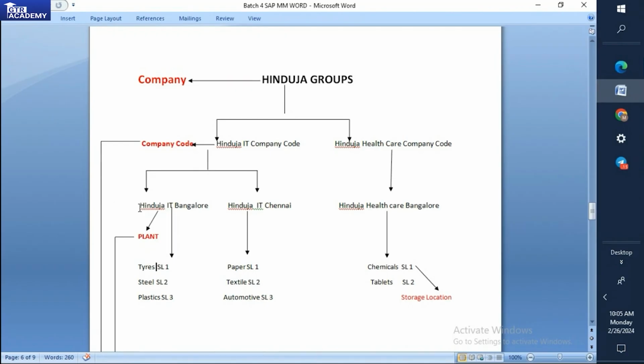Even if we have 2 different plants in Bangalore, they will come under the company code only. For one company code there can be multiple plants. It can be 2 in Bangalore, or 2 in Chennai, or 1 in Hyderabad. It's also fine. All come under one company code.